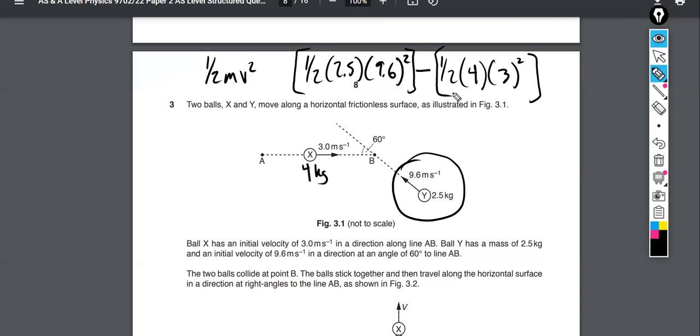So 0.5 times 2.5 times 9.6 times 9.6 is 115.2. So this thing has 115.2 joules of kinetic energy. 0.5 times 4 times 3 times 3 is 18. So this object over here has 18 joules.